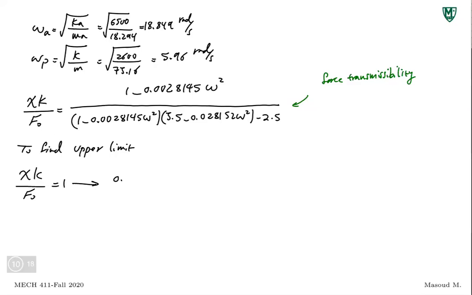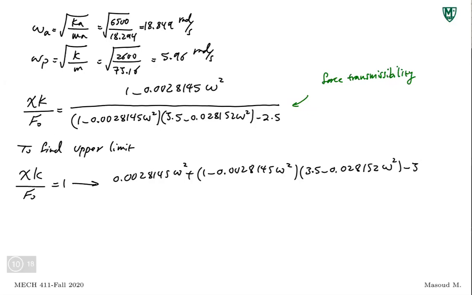You will get 0.0002815 omega squared plus 1 minus 0.0028145 omega squared times 3.5 minus 0.0028145 omega squared minus 3.5 is equal to 0.